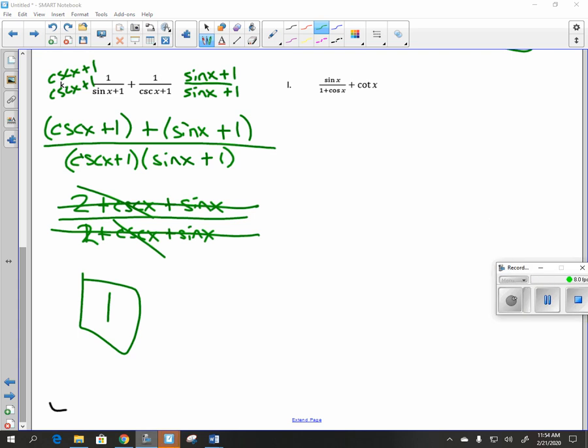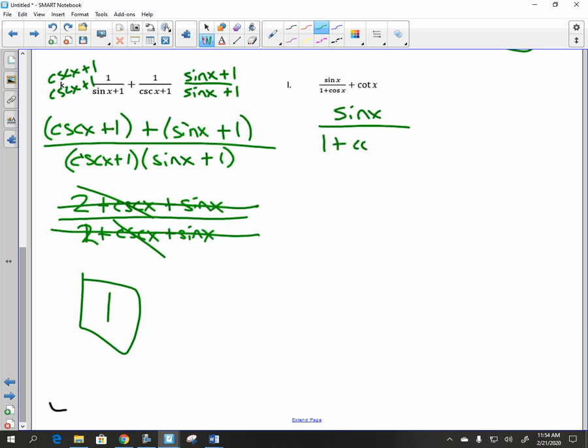Here we go. Last one. Sine of x over 1 plus cosine of x plus cosine of x over sine of x. All I did was change the cotangent so that I could have 2 fractions. Now I have 2 fractions, and again, my method is making 1 fraction by finding common denominators.